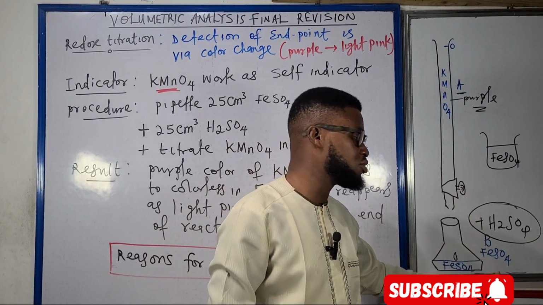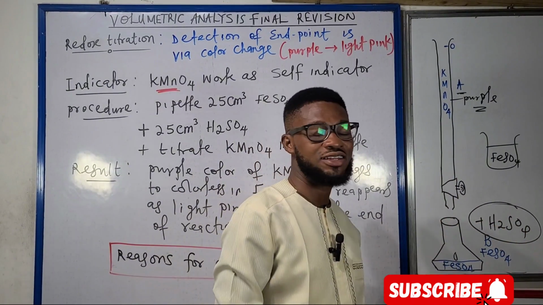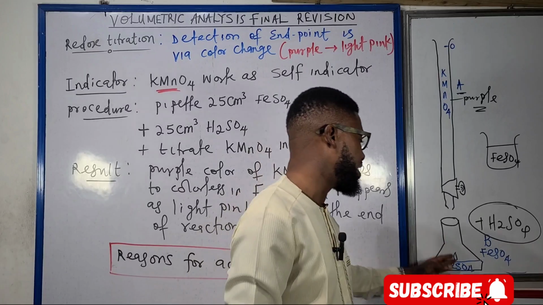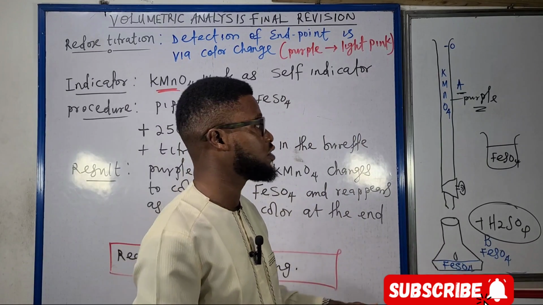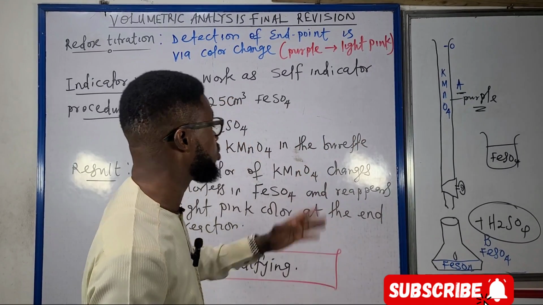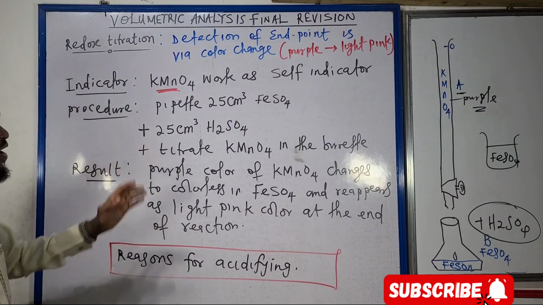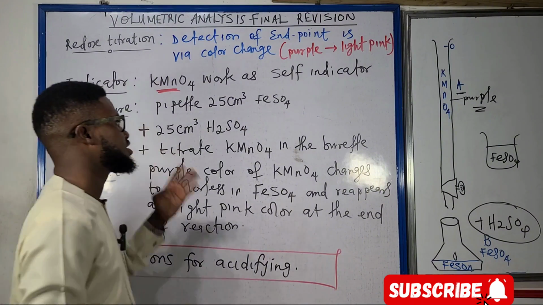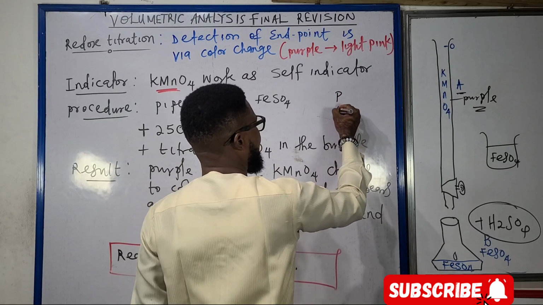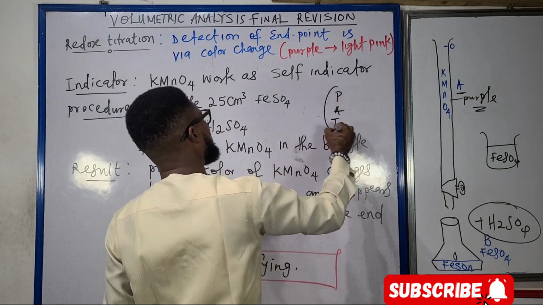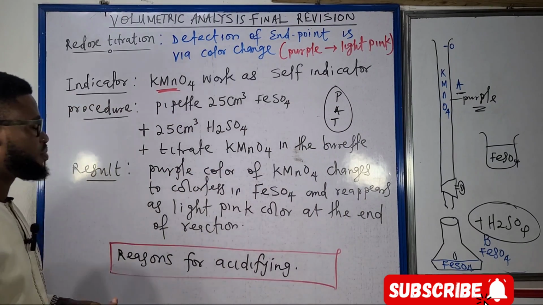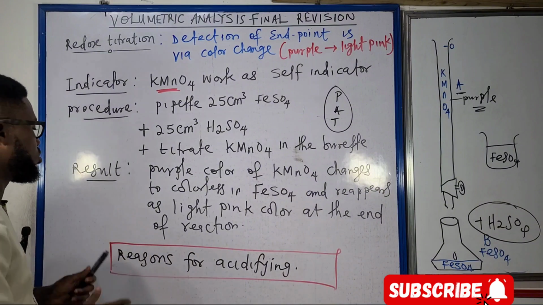If it is 10 cm cube you're told to add, just measure exactly that and add to your iron sulfate to acidify the whole setup. So the procedure is pipette, then acidify, and then after that you titrate, depending on the instruction you're given.